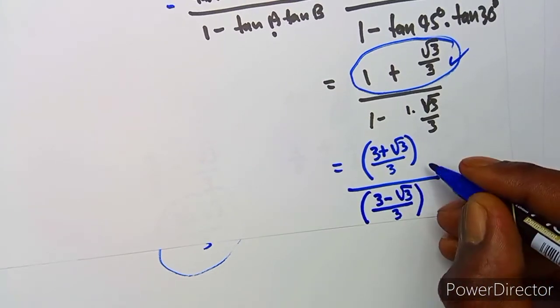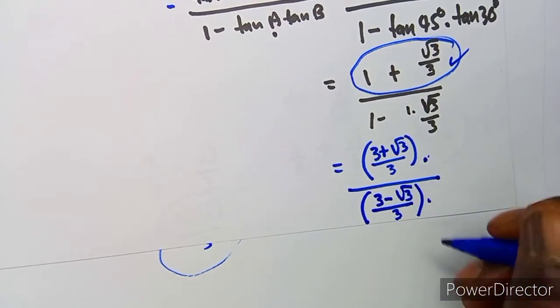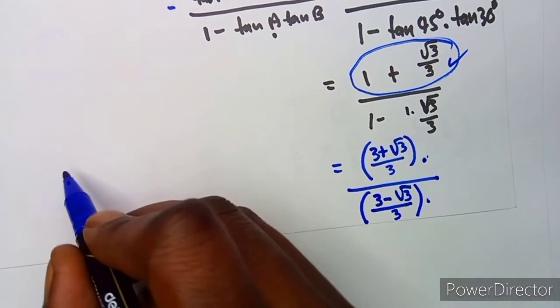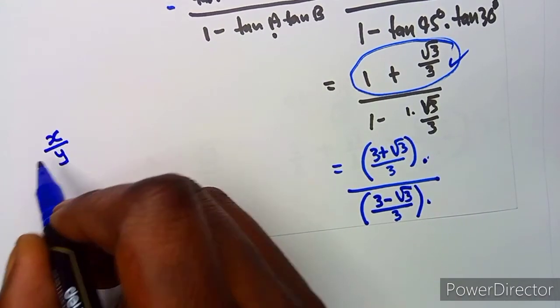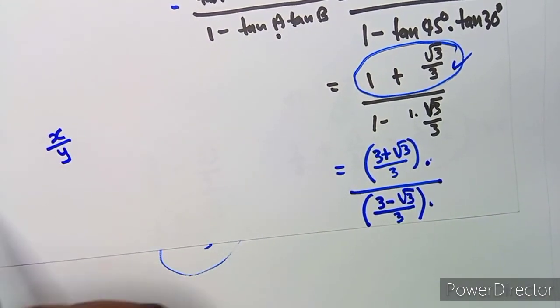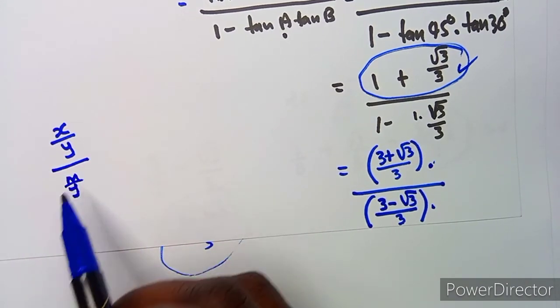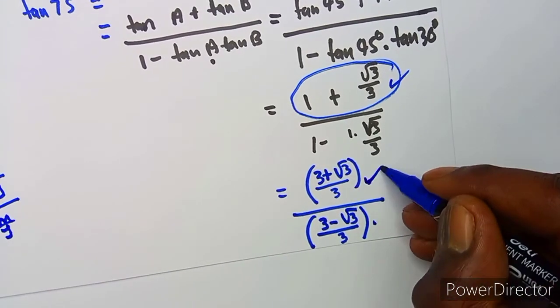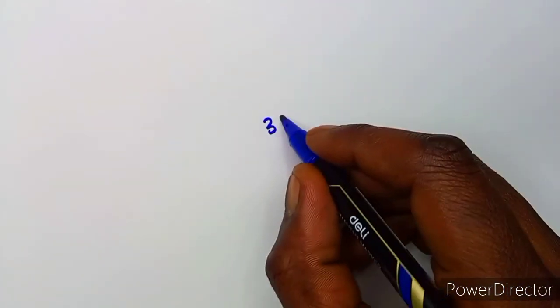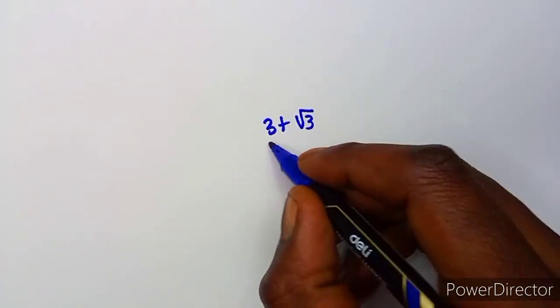So this is what you're going to have, and this is just your normal division, guys, like x over y divided by m over n. You know your division: introduce multiplication and invert the second fraction. So the first part stays as it is, 3 plus the square root of 3 over 3.